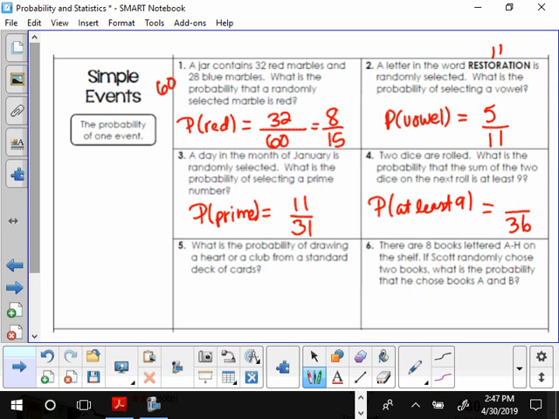Nothing on this row will even give me 9 here either. 3 and 6, 4 and 5, and 4 and 6 both give me, because it said at least 9, so it can be greater than 9. Okay, so that's my situation for at least 9. 10. If you don't have that lattice, it makes it a lot more difficult trying to get your probability. So that gives you 10 out of 36, which reduces to 5 over 18.